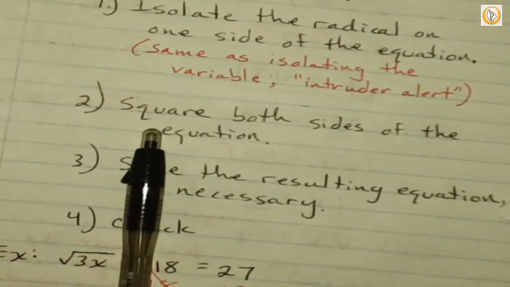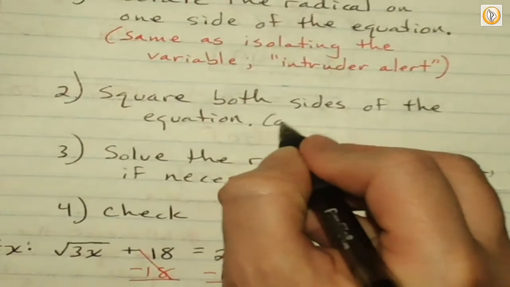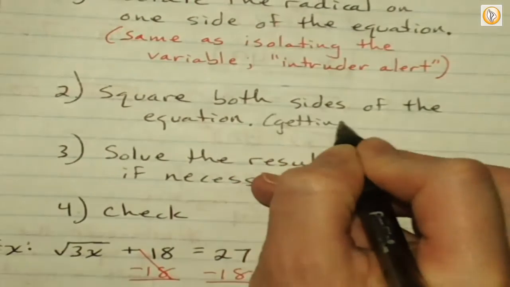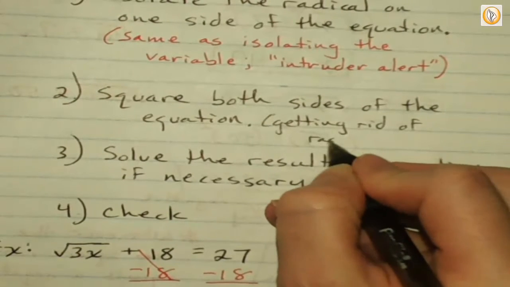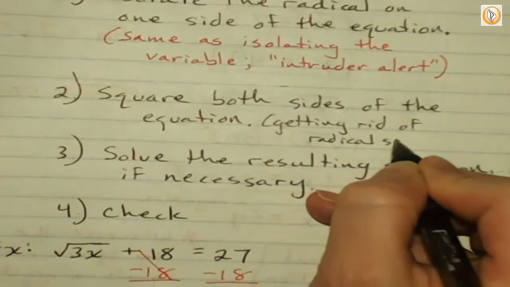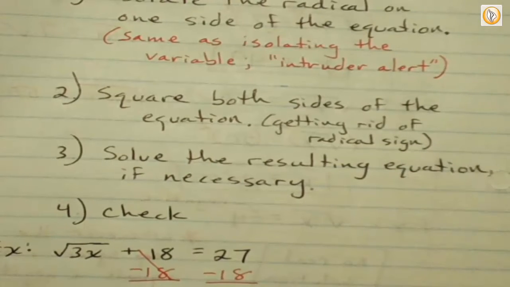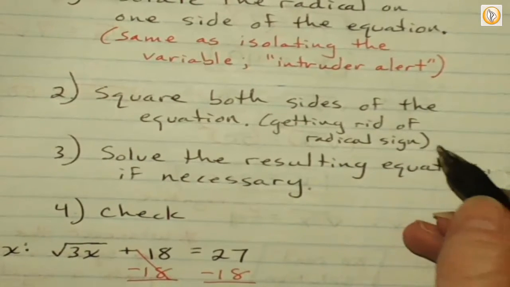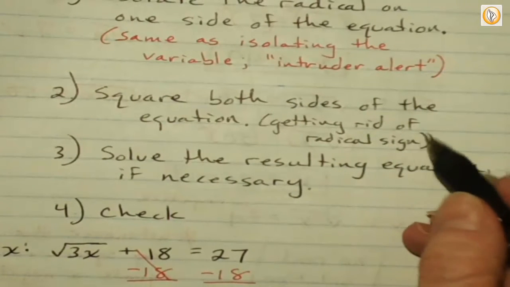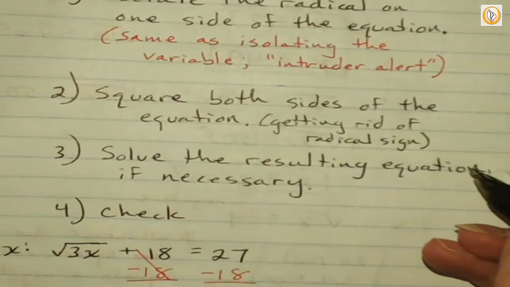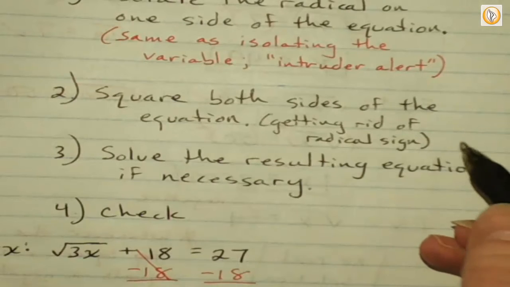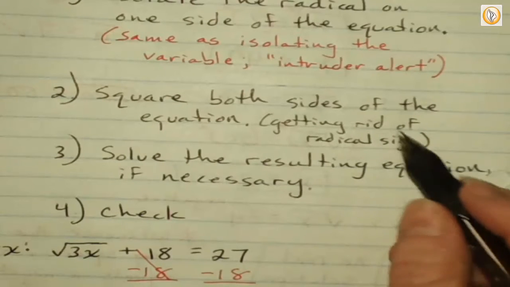Step 2 says square both sides, because we're getting rid of the radical sign.